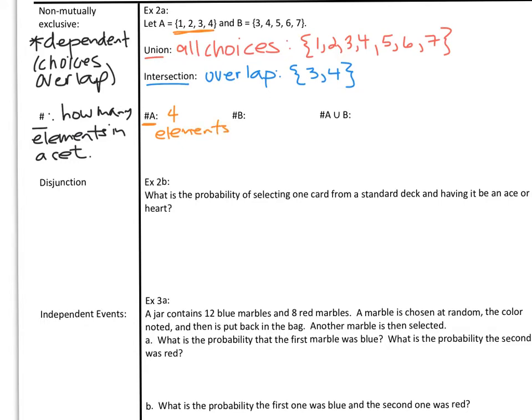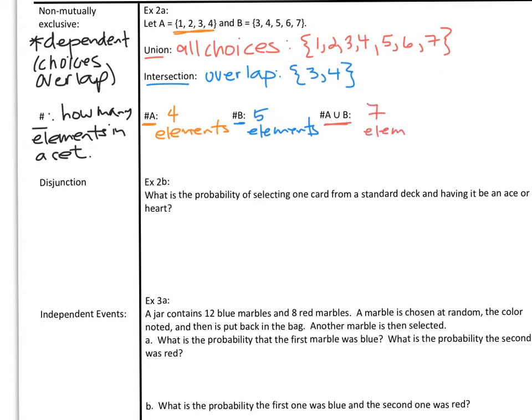In set B, there are 5 elements. Now, in the union, notice we're not going to add 4 and 5 together. The number of elements in the union of A and B is only 7.